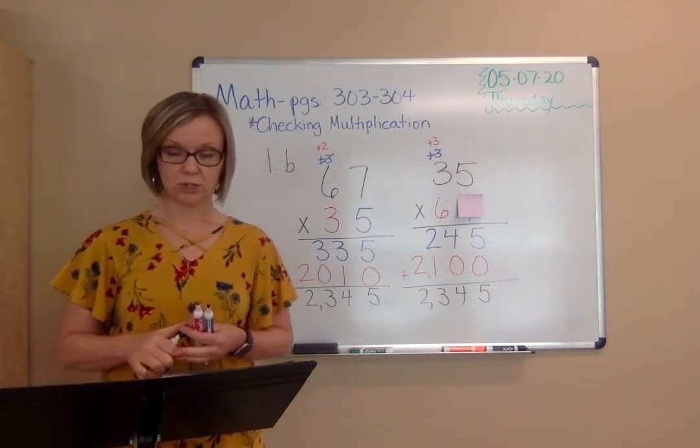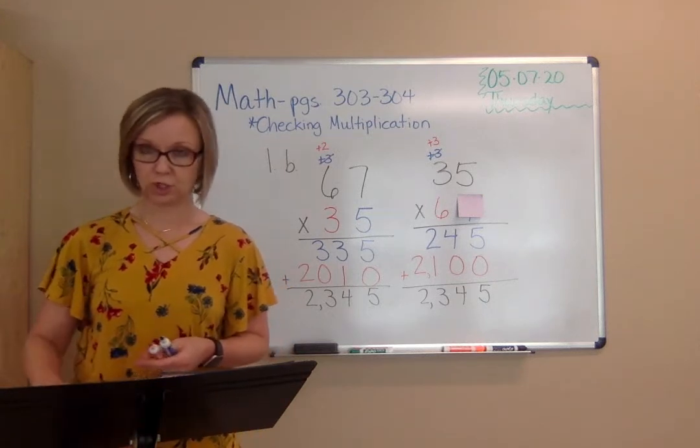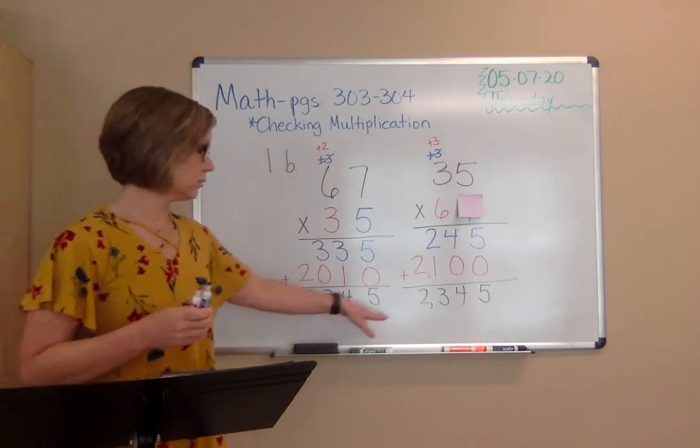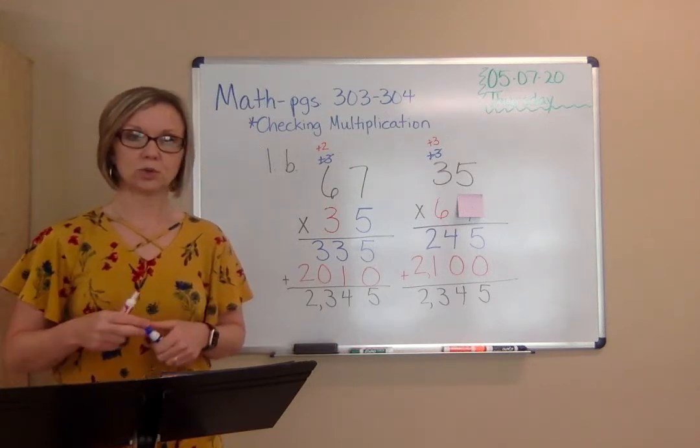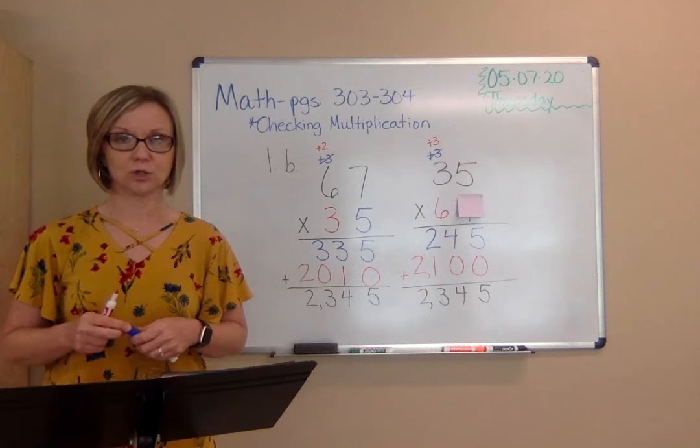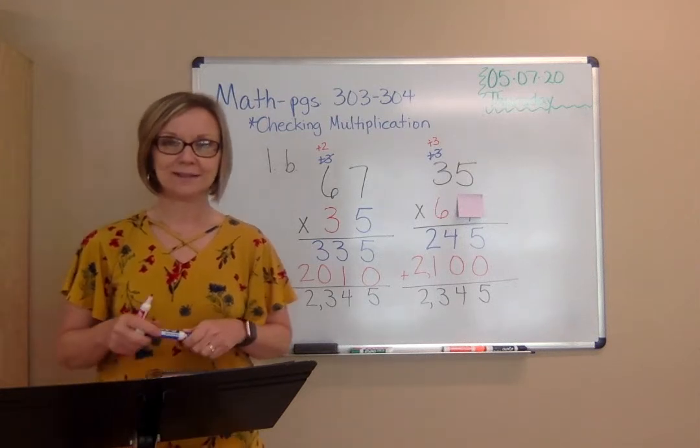Now please be careful. These problems are just like your division when you check. Don't just come under here and write the same number. That's not going to work. Make sure that your math is actually adding up to what you say it should.